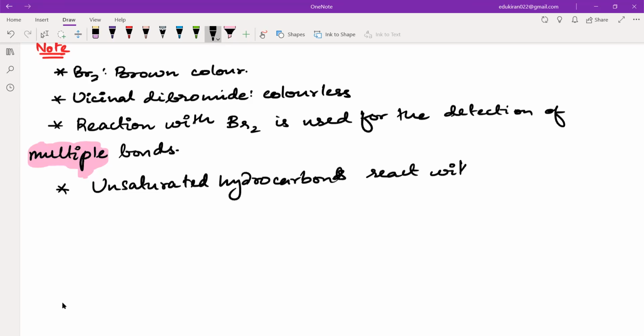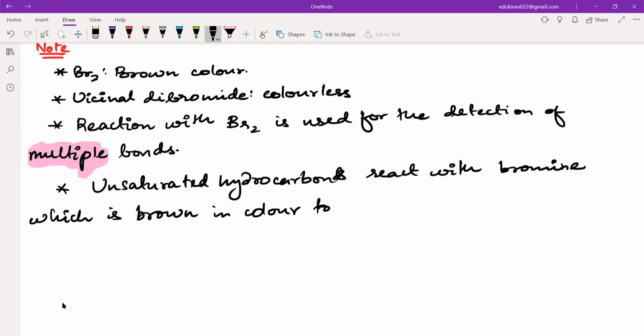react with bromine, which is brown in color, to make vicinal dibromide, which is colorless.